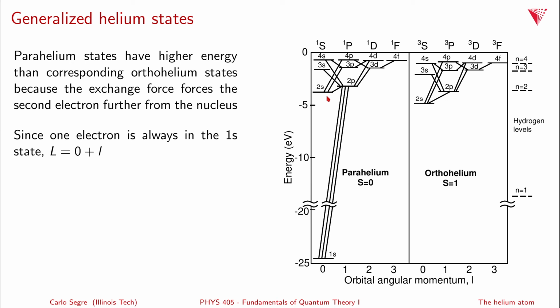That means that its L is also 0, and therefore, when you add 0 and 0, you can only get 0, but that means that the term symbol is an S. Similarly, for the 3s and the 4s states, they're all equal to a term symbol of S. They're in a parahelium state, so 2S plus 1 is equal to 1, and that's why you show this point here, which is 1S.